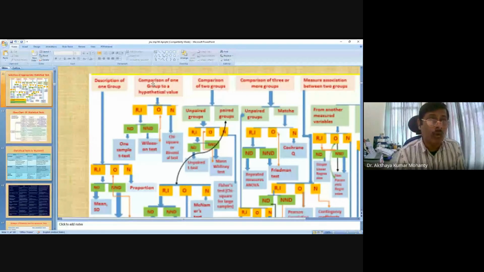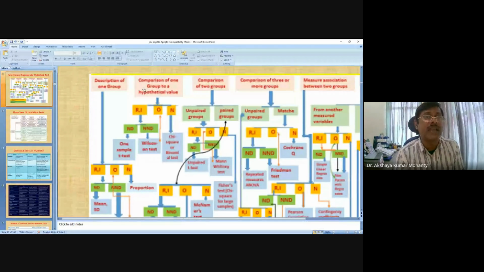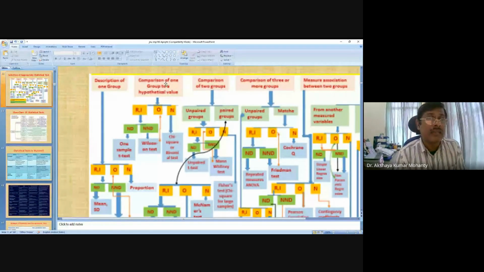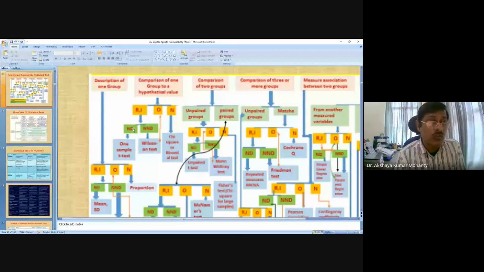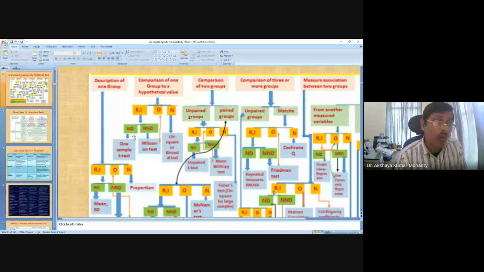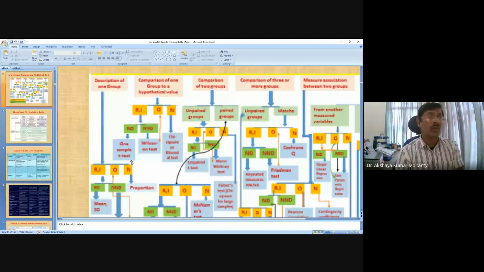So if the comparison of one group to a hypothetical value condition is applied, and this condition gives you data in the form of ratio and interval scale, and it follows a normal distribution, that means it is parametric. It is confirmed. So parametric means the one-sample test.